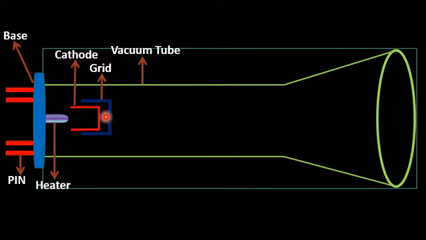Number one is to focus the electrons from the cathode. Number two is to increase the speed of the electrons ejected from the cathode.